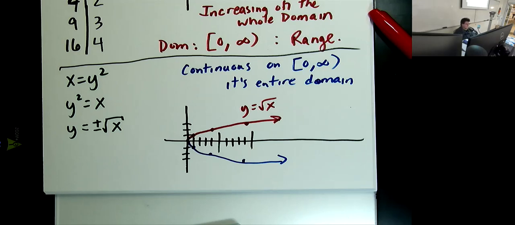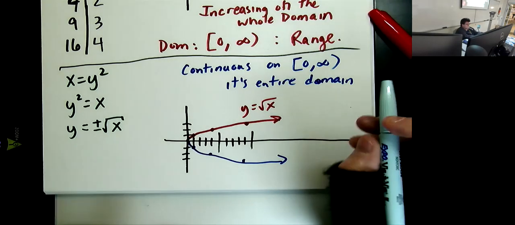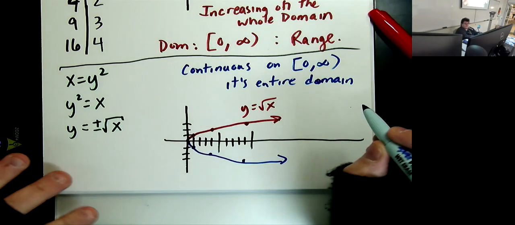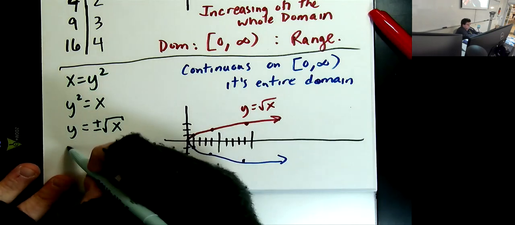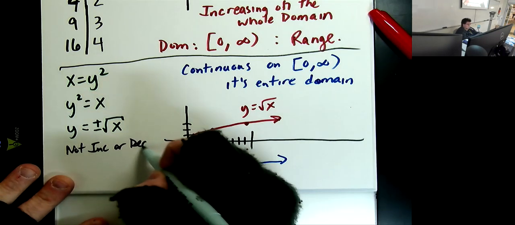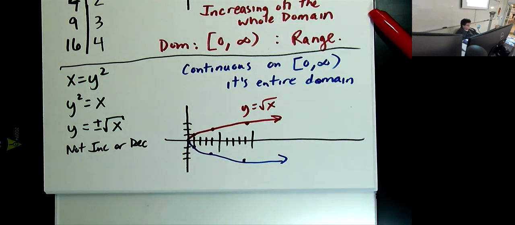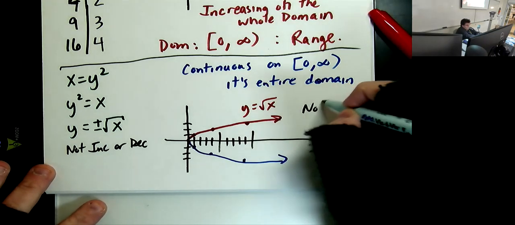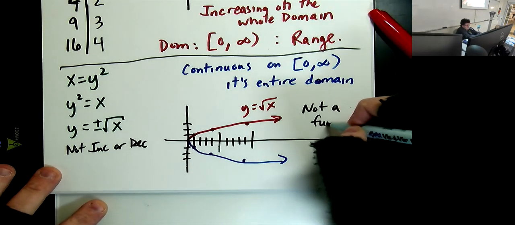All the information we had above, for the most part, stays the same, except we don't say it's increasing or decreasing, because it does both. So we don't talk about increasing or decreasing. We can't even write this as a function. This is not a function. Why is that not a function?